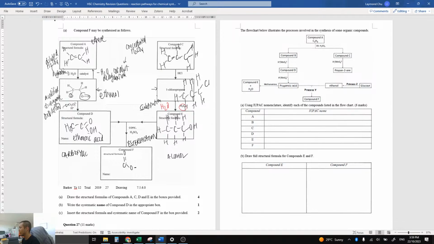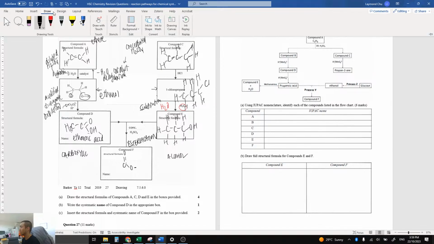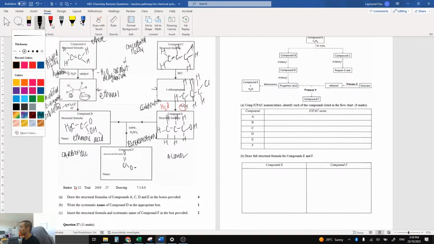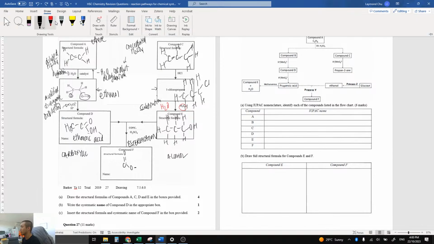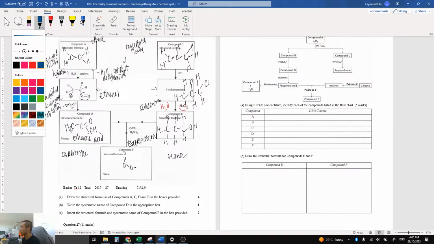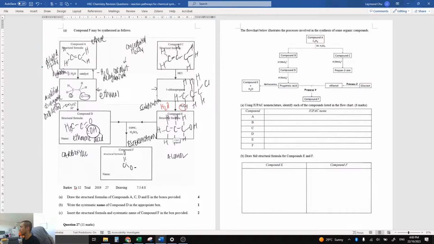And we know these guys, they join through the, I'll use another color. Let's use blue. They join through this bond.